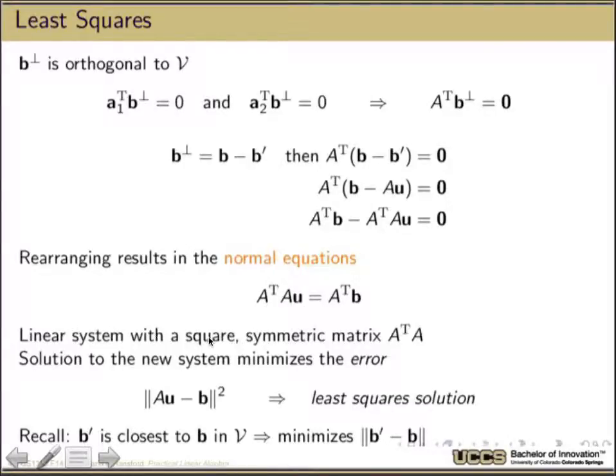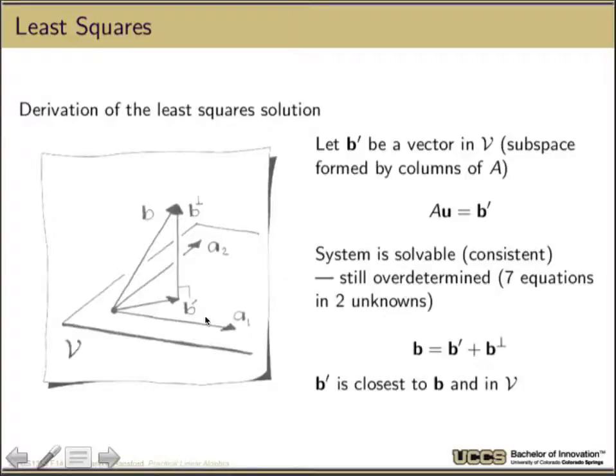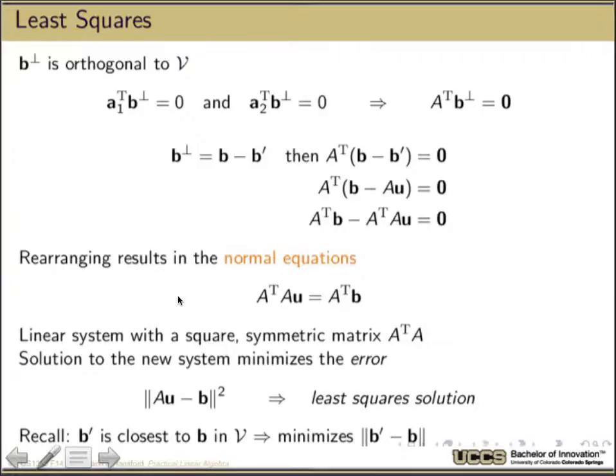This is always a linear system with a square symmetric matrix. A transpose A will be square and symmetric, right, because we took the transpose and multiplied it. As we described here, of all the points in this plane, we're trying to stay the closest, that is AU, our actual projection, minus the actual B, and we can think of the square error between that.